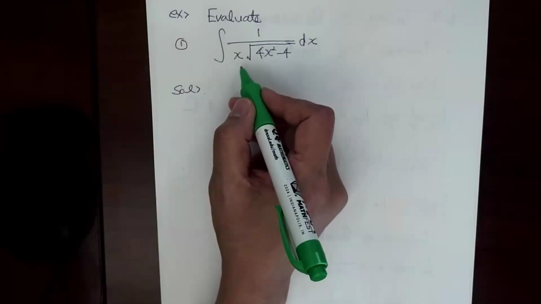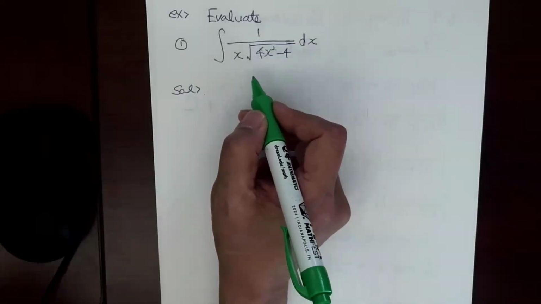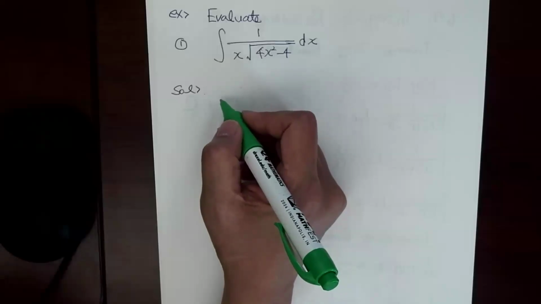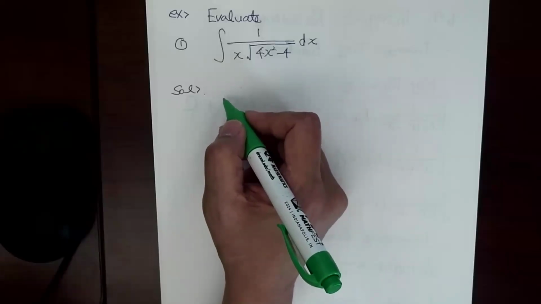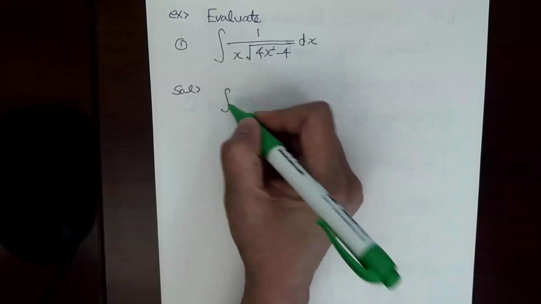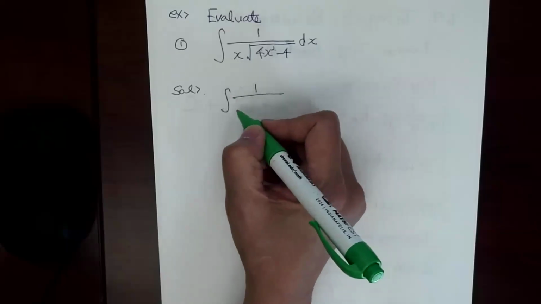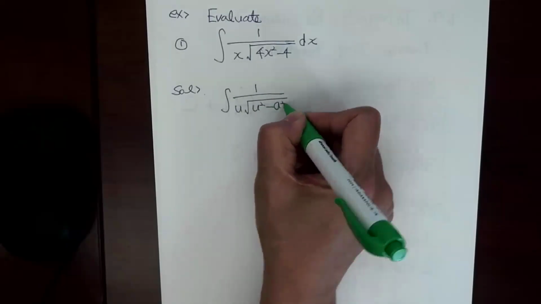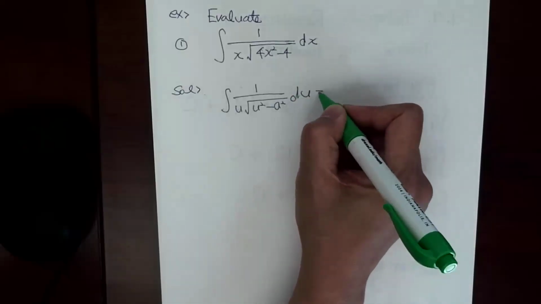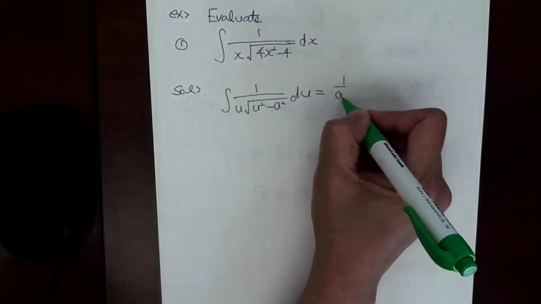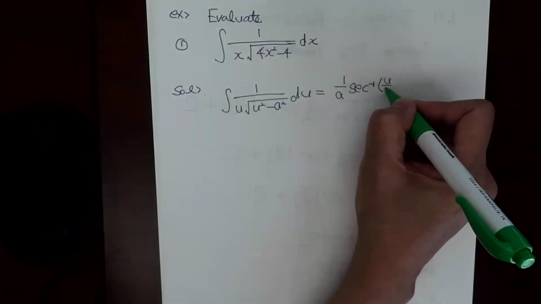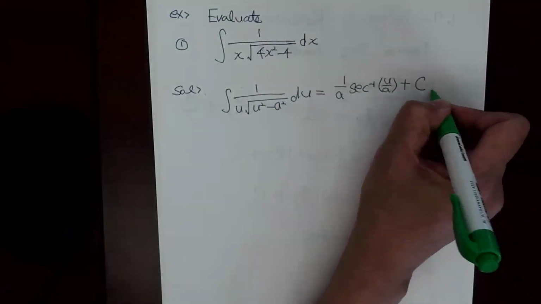The variable is multiplied outside of the square root in the denominator. So that's something to do with inverse secant. What I wrote was integration 1 over u times square root of u squared minus a squared du is 1 over a secant inverse of u over a plus c.